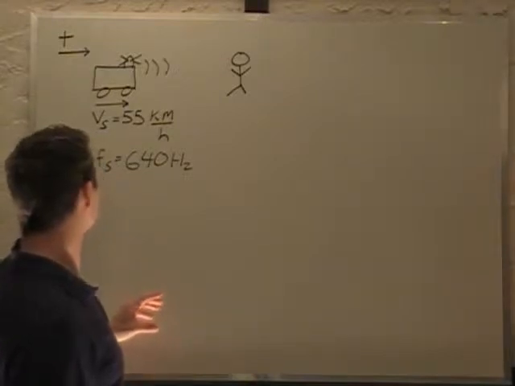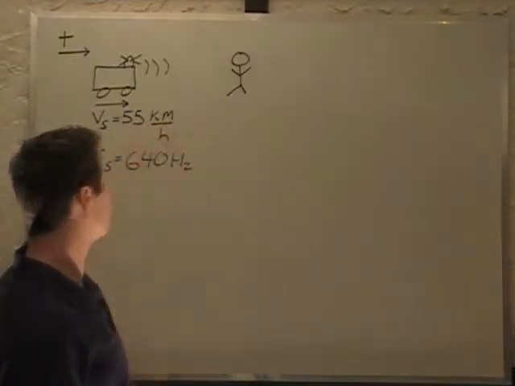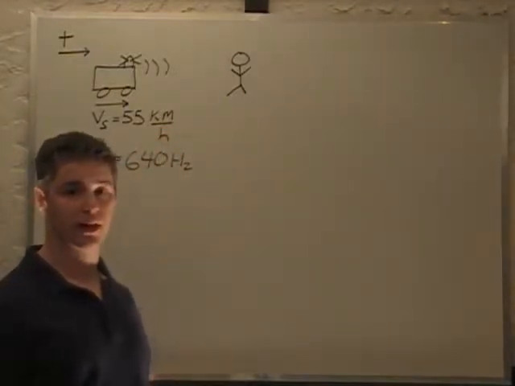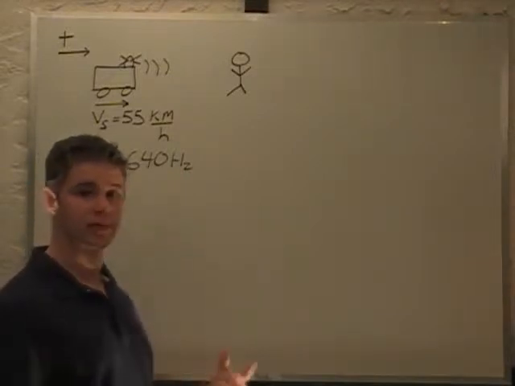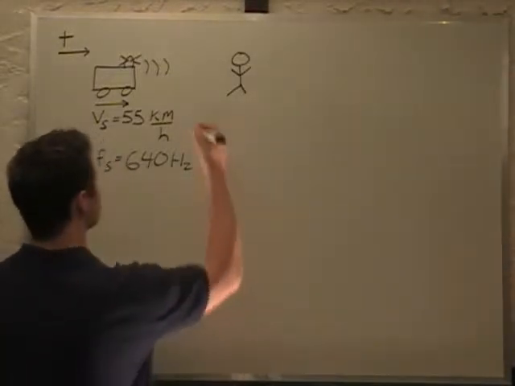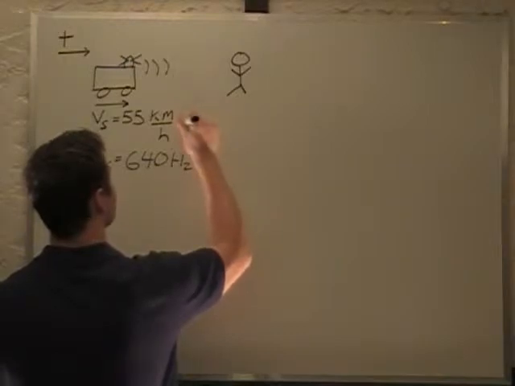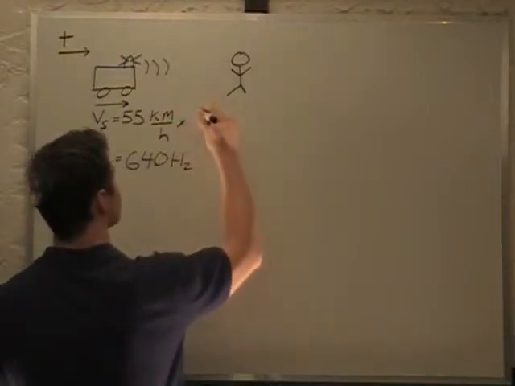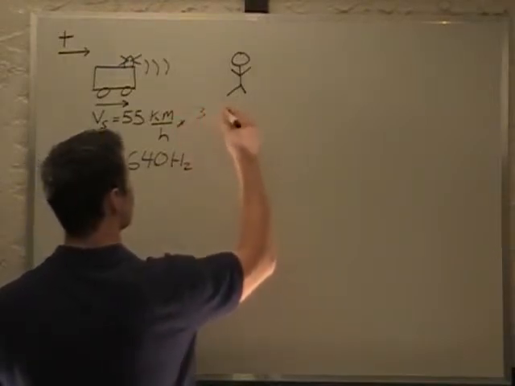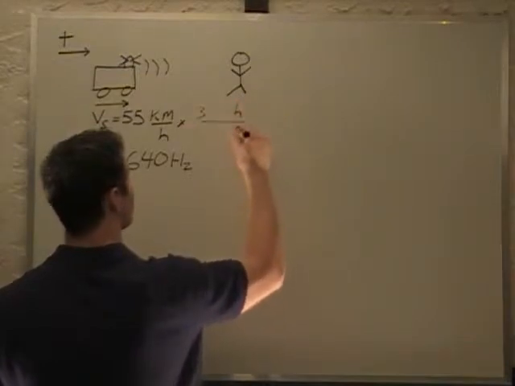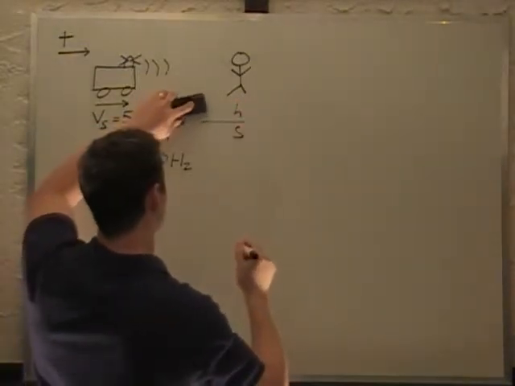So in this case, first we want to convert 55 kilometers an hour to meters per second, so we do everything in our standard meters per second units. Okay, so we multiply by the number of hours per second to make the units work.